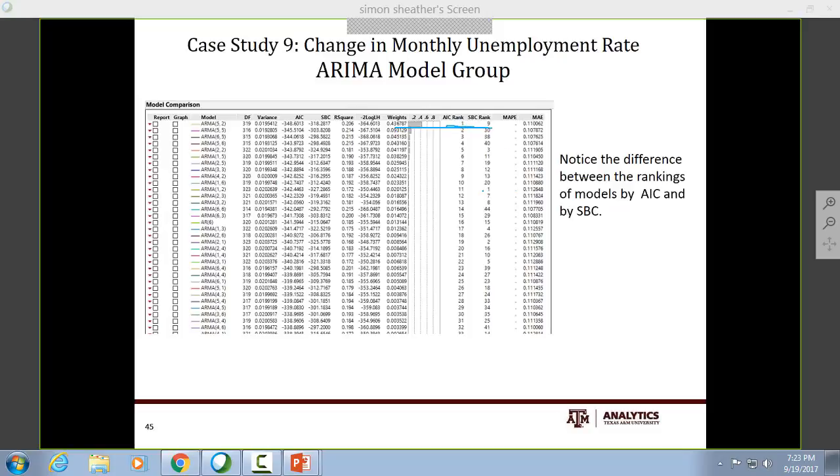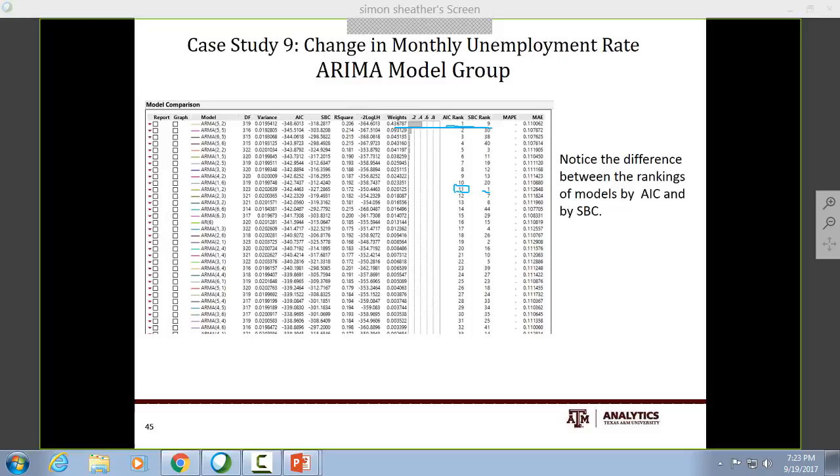The model that's ranked 1 by SBC is ranked 11 by AIC. So the first thing you learn is that these information criteria, AIC and SBC, chase different masters. And so they can give very different answers.